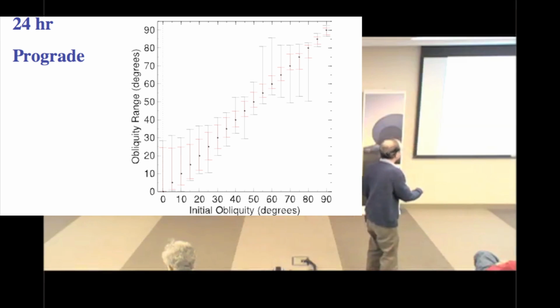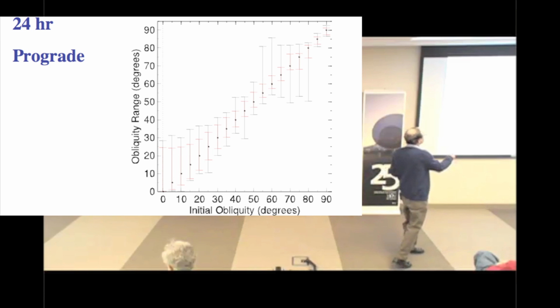And the blue shows the whole range going back 500 million years into the past. So you start with 0 obliquity, and it goes up as high as about 24 degrees in this 2 million year time frame. But if you even go 500 million years back, it still stays below 30 degrees.